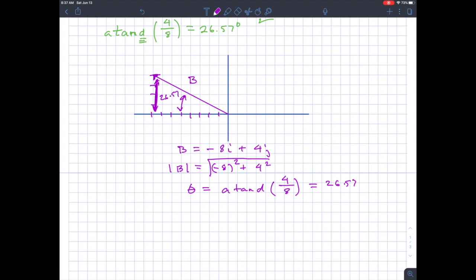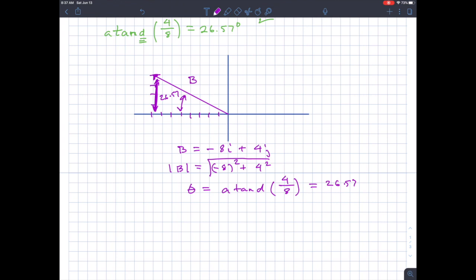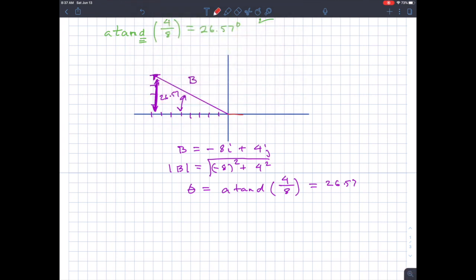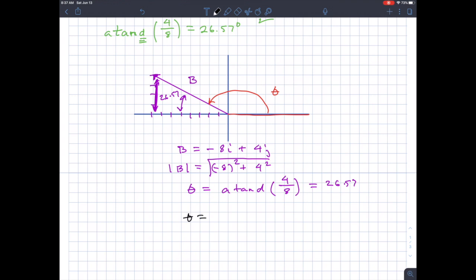But normally, when we reference a vector, we reference it to the 0 degree axis. So let me draw that in red. Normally we would want theta to be here. I think you've probably had enough trig to know that theta in this case would be 180 minus, let's call this alpha so that we're consistent.